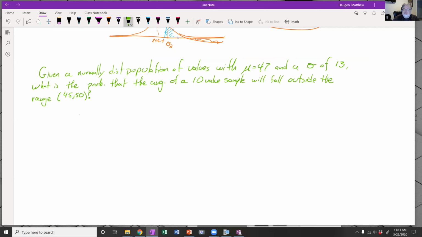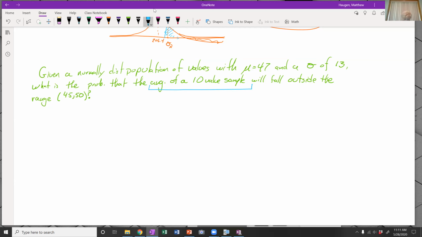But we're not asked for the probability that a particular value is outside that range. We're asked for the probability that an average is outside that range. As soon as we're talking about where averages are, are we in our population distribution or are we in our sampling distribution? Sampling.